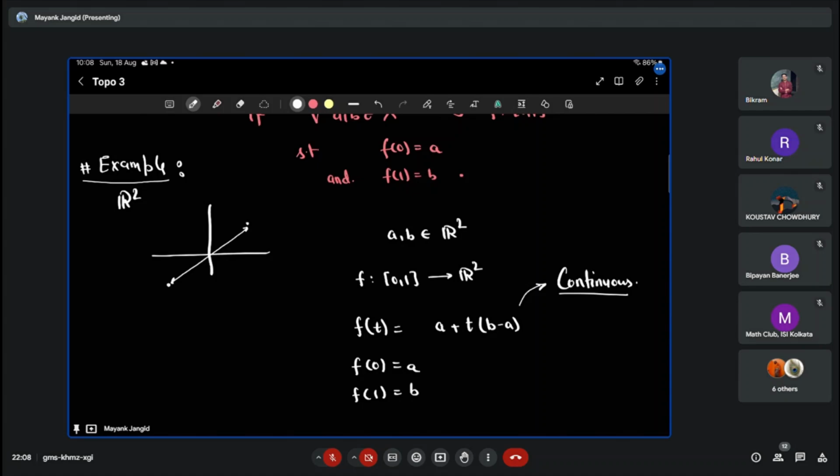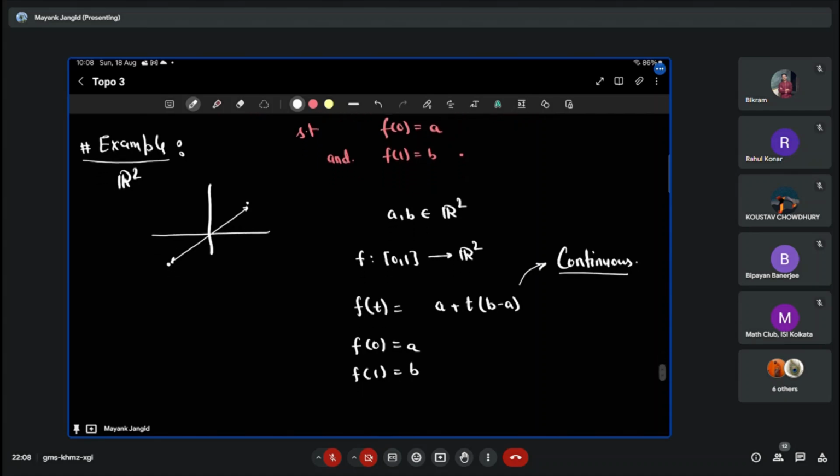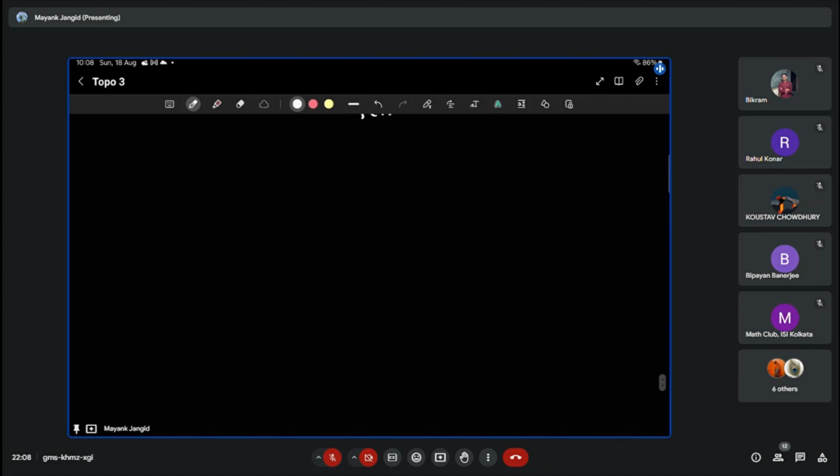We should have some connection between the two kinds of connectedness. It turns out that the connectedness that we defined earlier is a weaker condition than path connectedness. This weaker is in the logical sense.